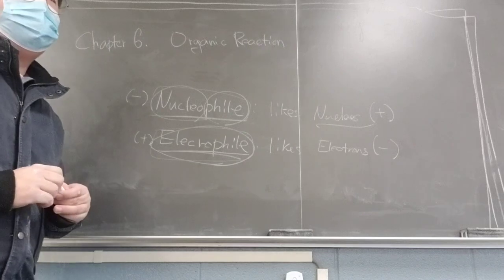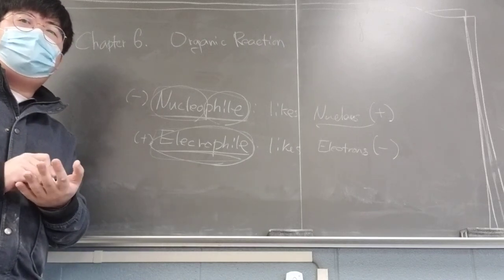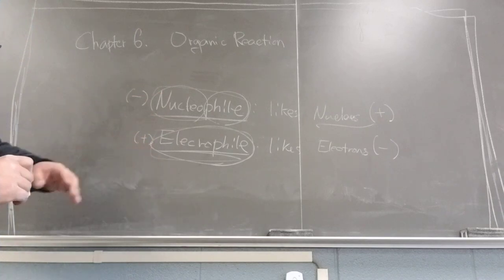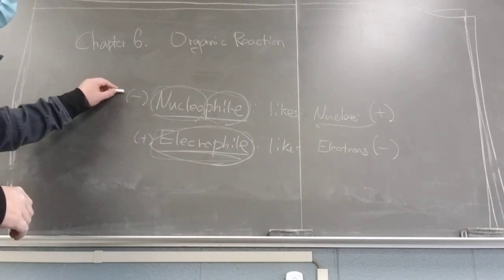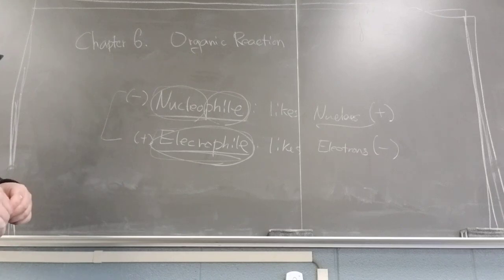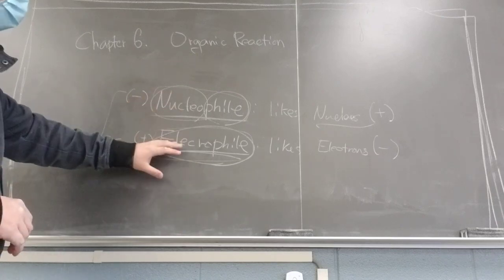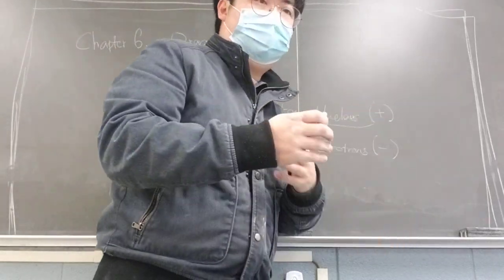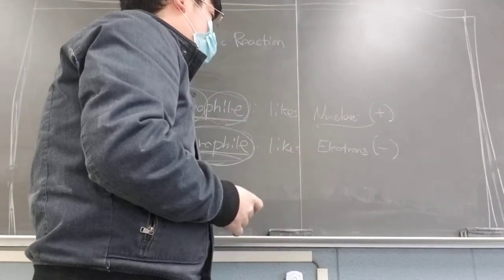Especially the first example that we're going to do on Wednesday, these are the terms that we're going to use a lot. So this is something you cannot miss in the polar reactions, because with the nucleophile and electrophile, they're going to have a full motion of two electrons at the same time.